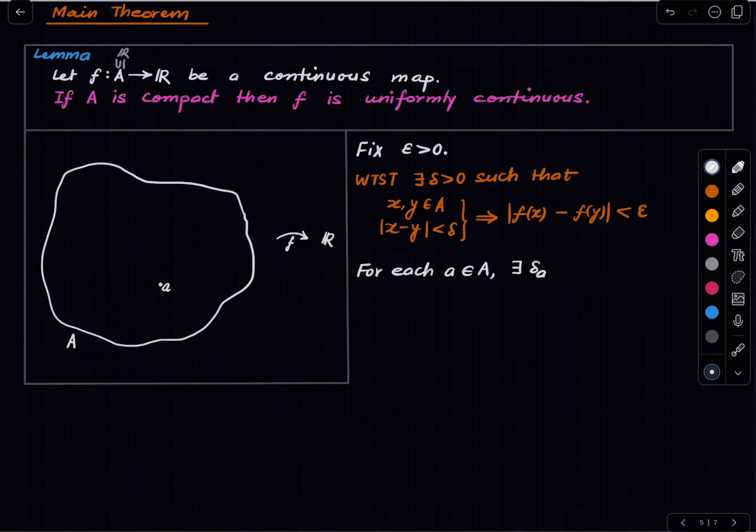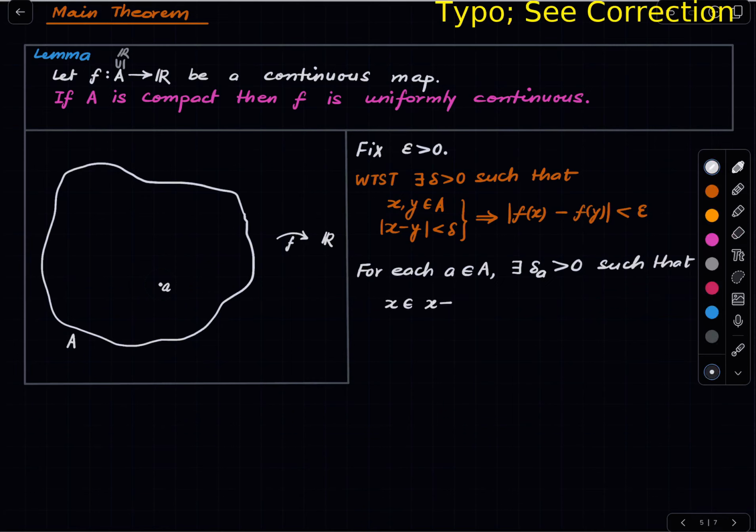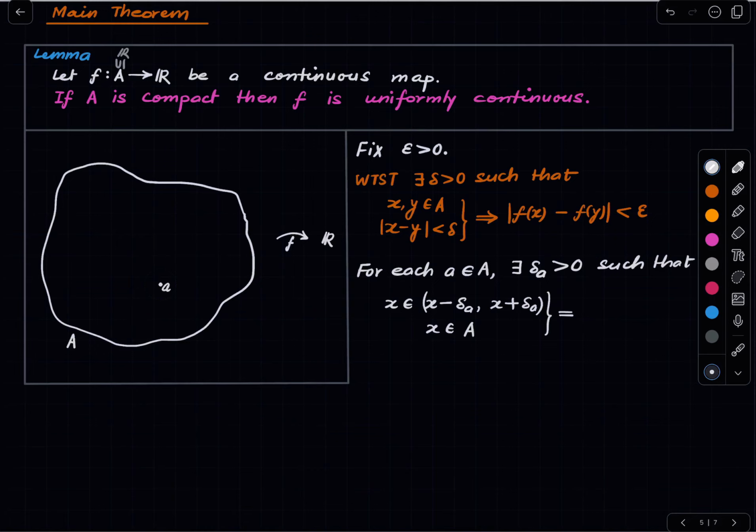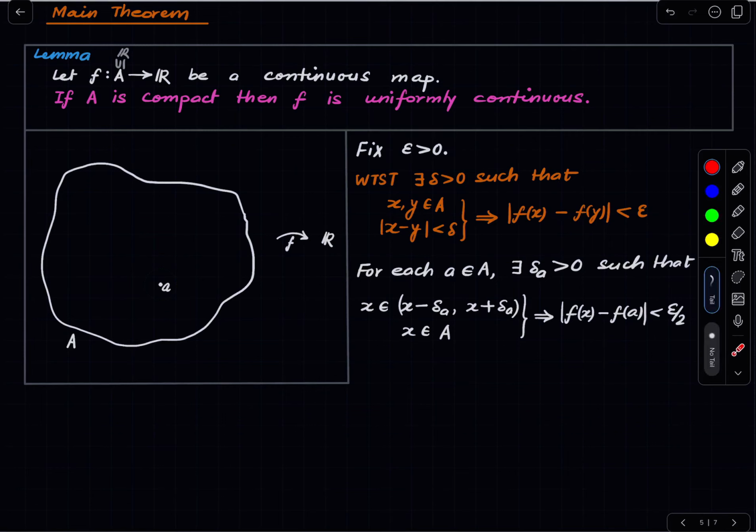So this delta depends on the point a chosen, such that if we choose a point x in this delta neighborhood and in the domain of the function, we get, and here we need to pay attention, epsilon by 2 is what I'm going to write. Okay. So I haven't cheated or anything. I have just used the epsilon by 2 delta criterion.